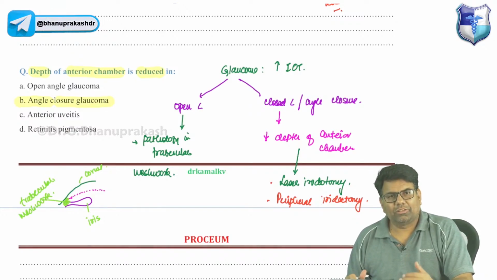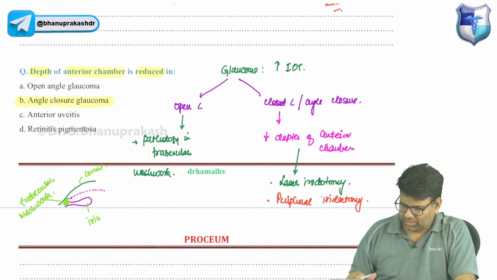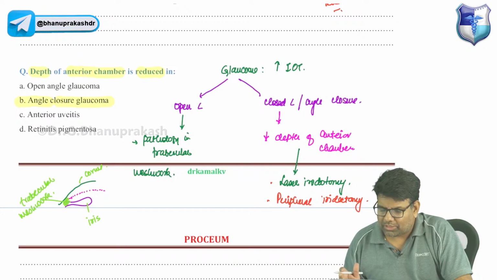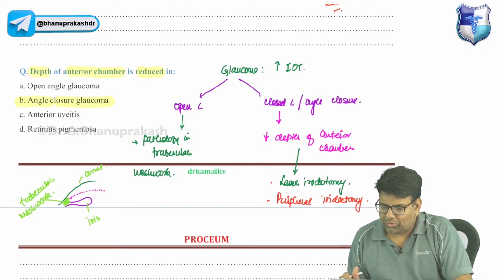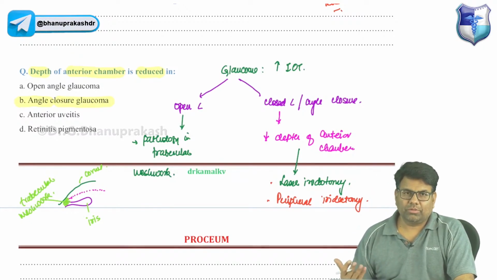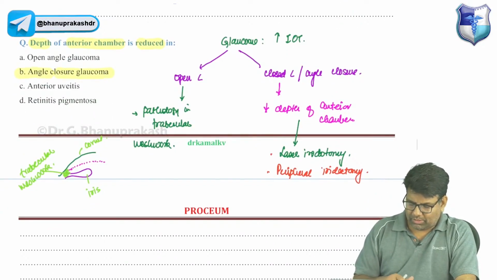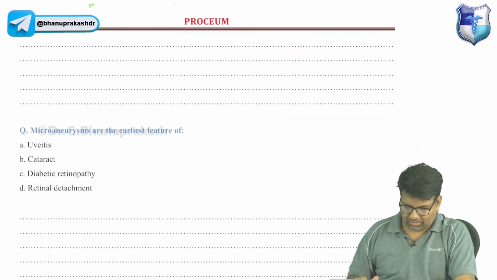We have to create a channel so that the aqueous humor reaches up to the trabecular meshwork. This is the basic. Yes, Shubham, you are right. Outflow of aqueous humor is obstructed, and therefore, since there is no drainage, intraocular tension rises. Very good. So please remember this one for angle closure.